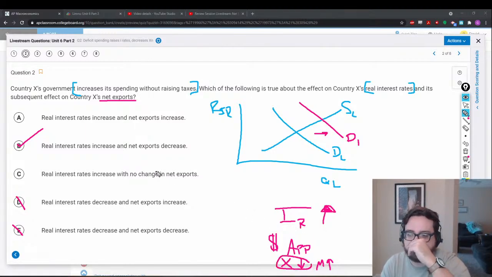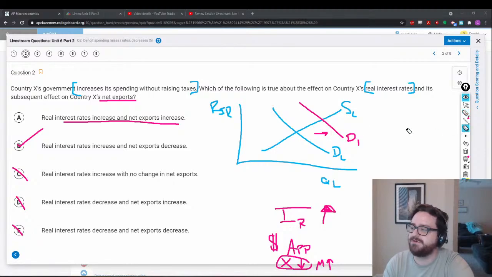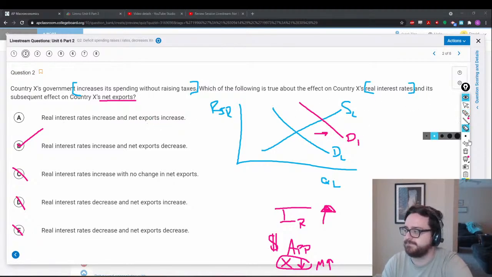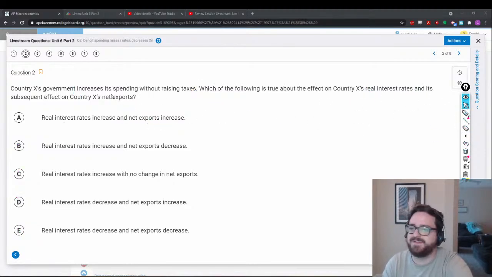That'll drive my net exports down. So it ain't C, because again, that shouldn't really be happening here. It's either A or B. This also doesn't really work, because if your interest rate goes up, your currency is worth more, which makes your net exports go down. So it's B on the second one.